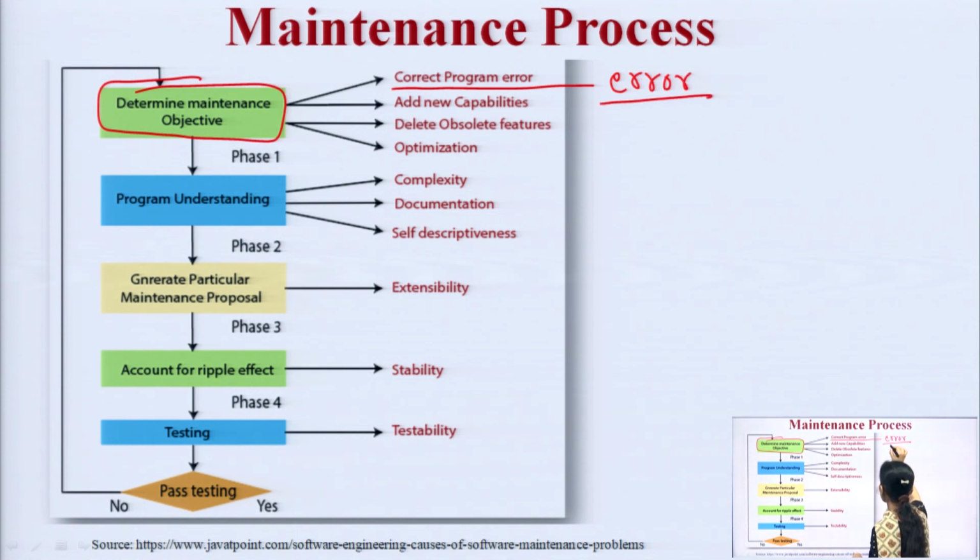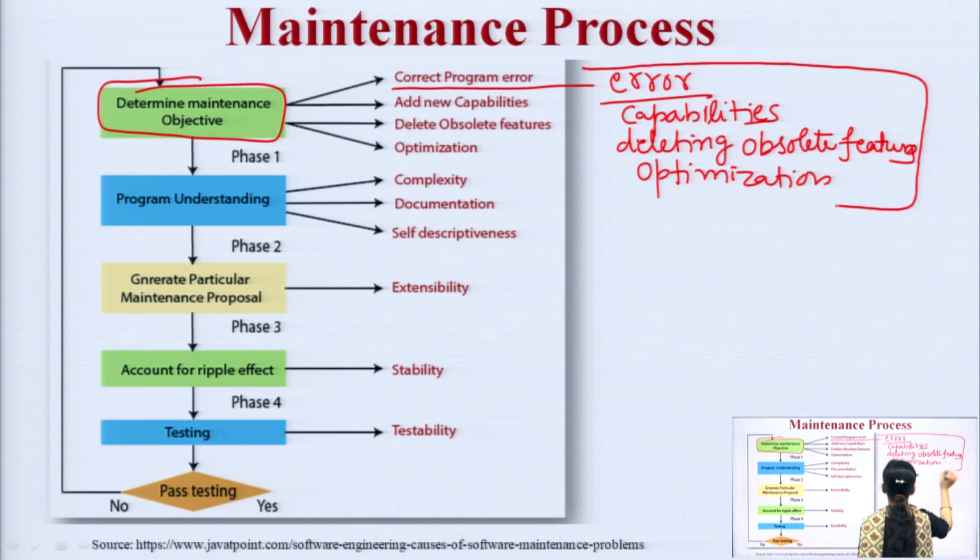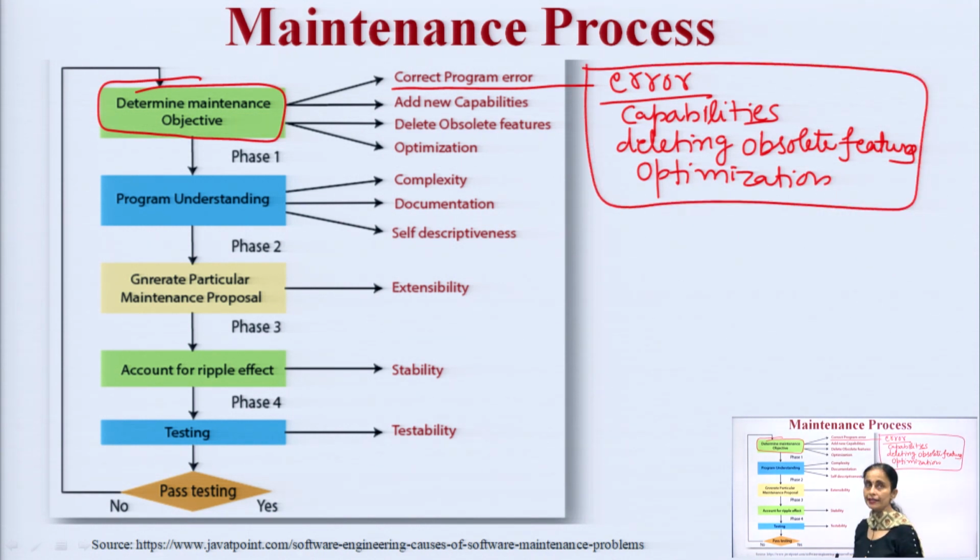Here I am adding the capabilities and deleting the obsolete features, and here I am doing the optimization. These are the 4 objectives that I have planned for determining the maintenance objective.